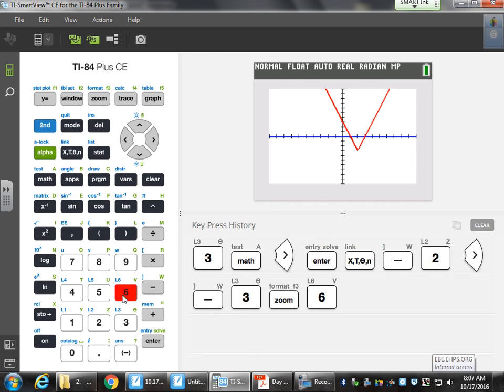So 3 minus 2, minus 3. We get 0 again. So this is an awesome use of your graphing calculator as an equation solver if you have an absolute value equals a number.